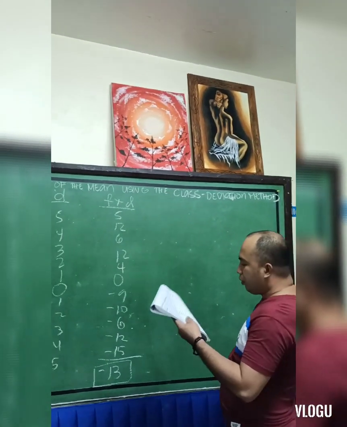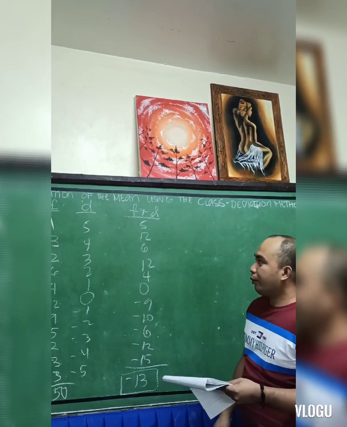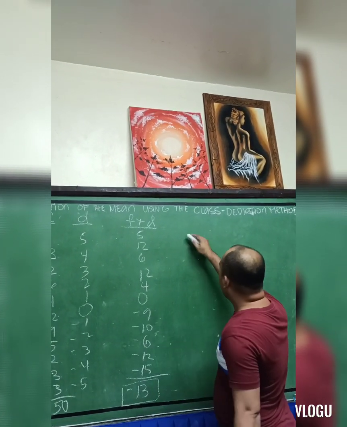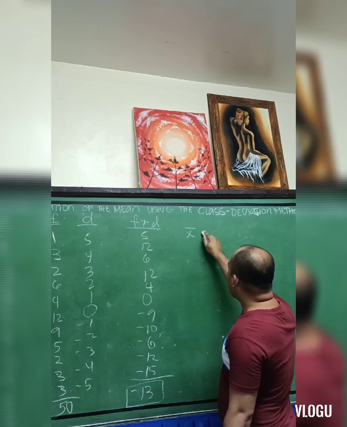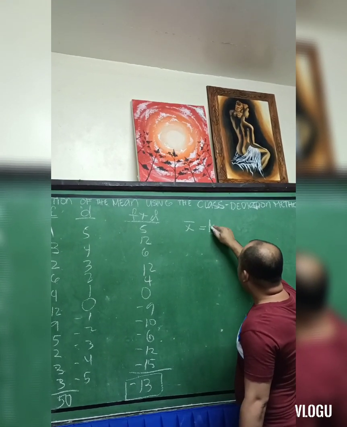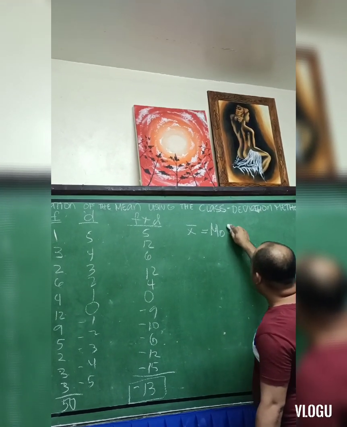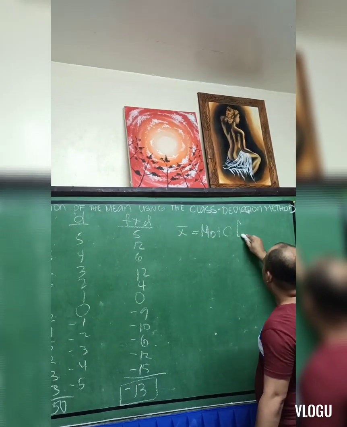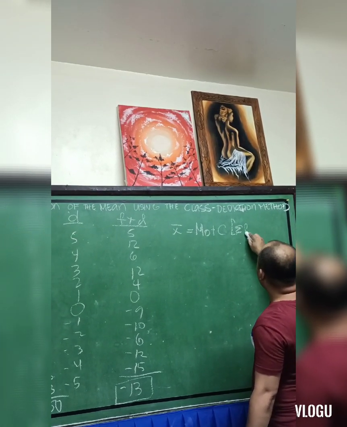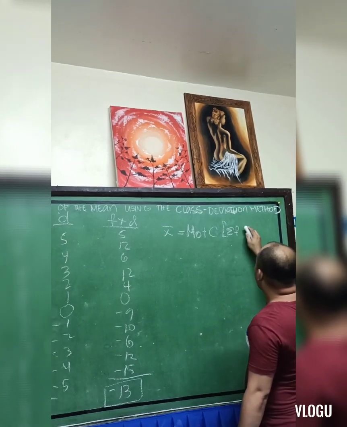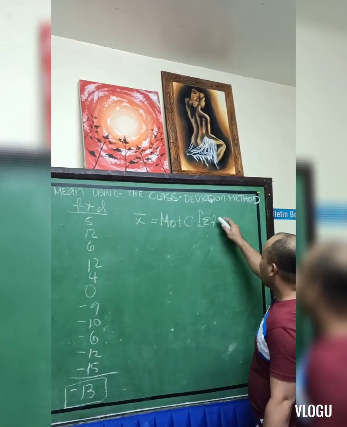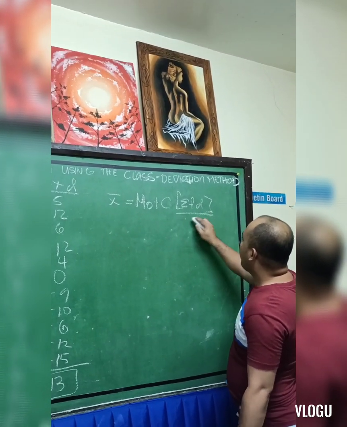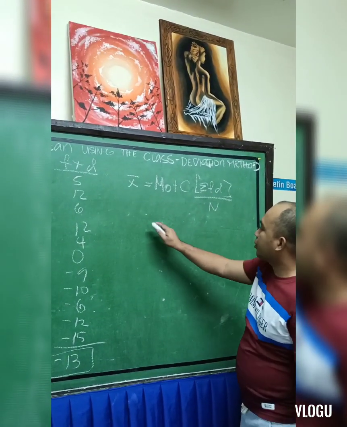Now, using the formula, arithmetic mean is equal to midpoint of origin plus the class interval times the summation of the product of frequency times the deviation divided by number of cases.